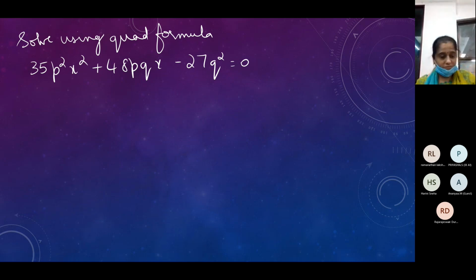What is D? B square minus 4AC. Yeah, good. Substitute the values and tell me the expression for D.